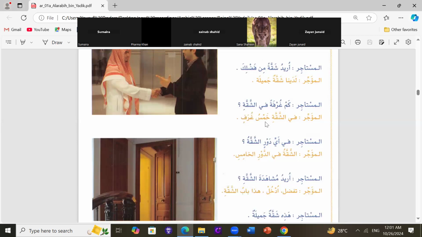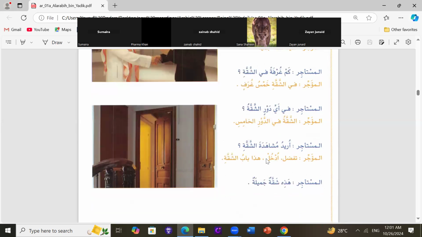Uridu, ladaina. What else is a verb here? Udkhul, mushahada. Here mushahada is an ism, but it is also used like this: I'm saying that I want to see the flat.